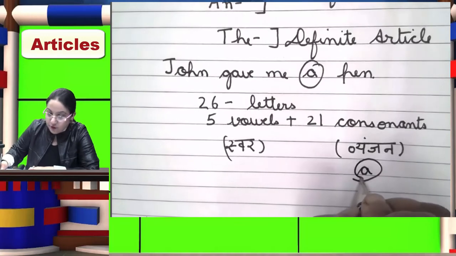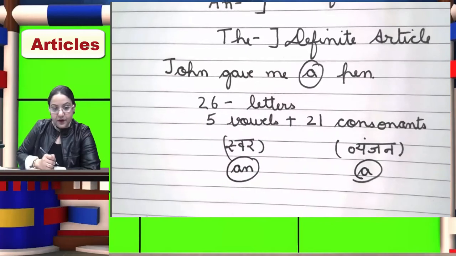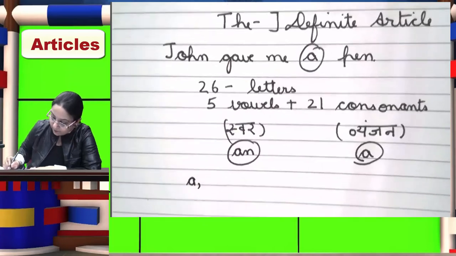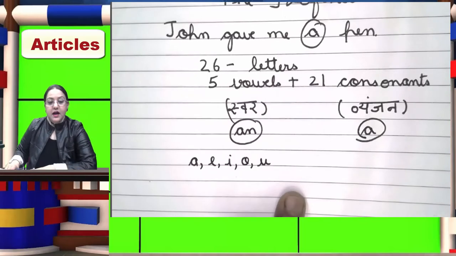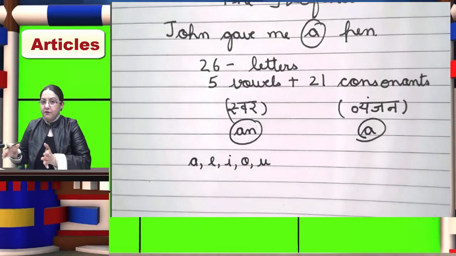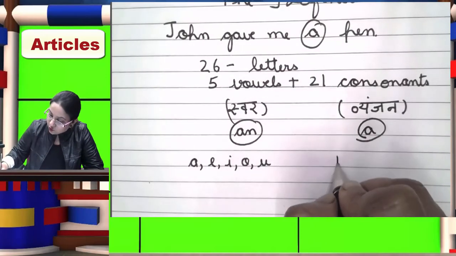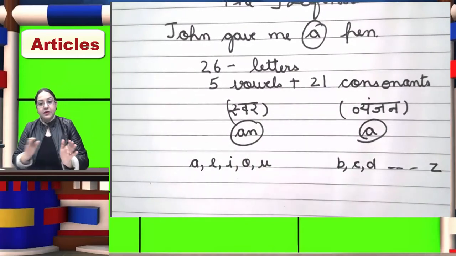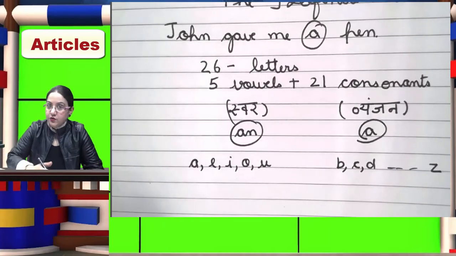So with consonants I use a and with vowels I use an. My 5 vowels are A, E, I, O, U, and the remaining letters are consonants. From the list B, C, D till Z, we subtract A, E, I, O, U and get our consonants.